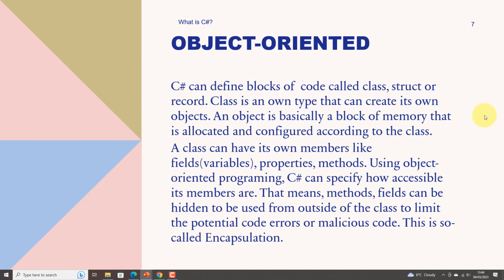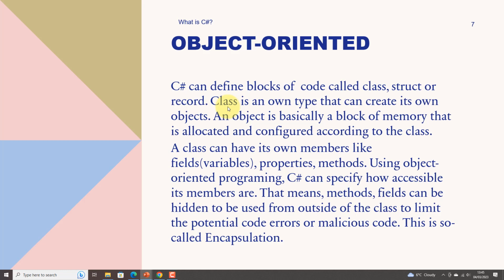As I told you, C# is an object-oriented programming language. That means C# is able to define blocks of code called classes, structs or records. A class practically is a type, and we can create objects using the class.